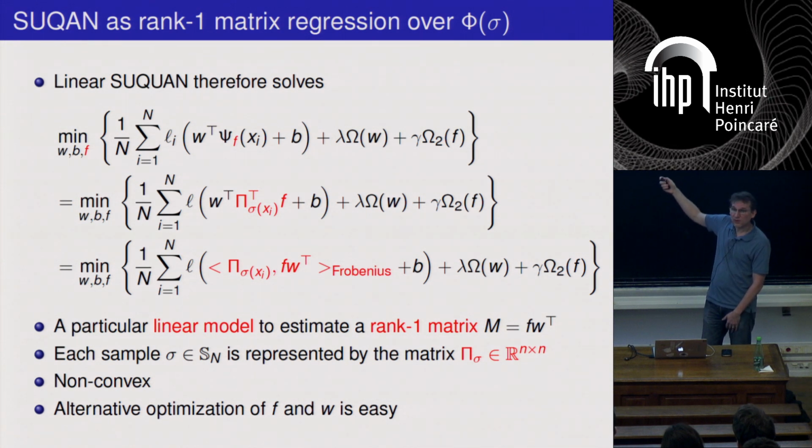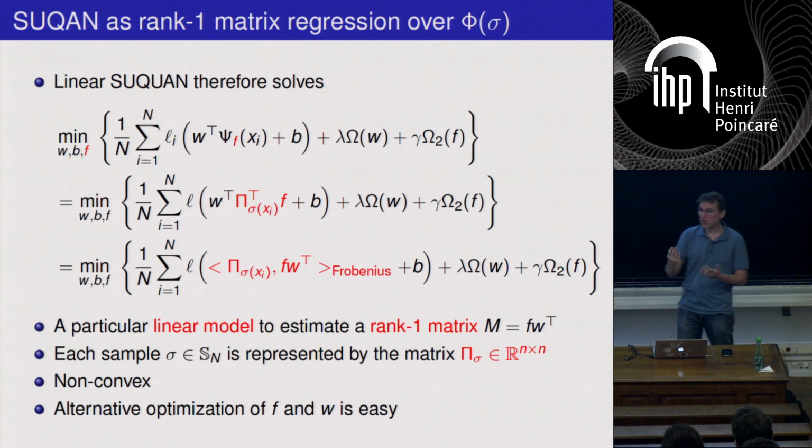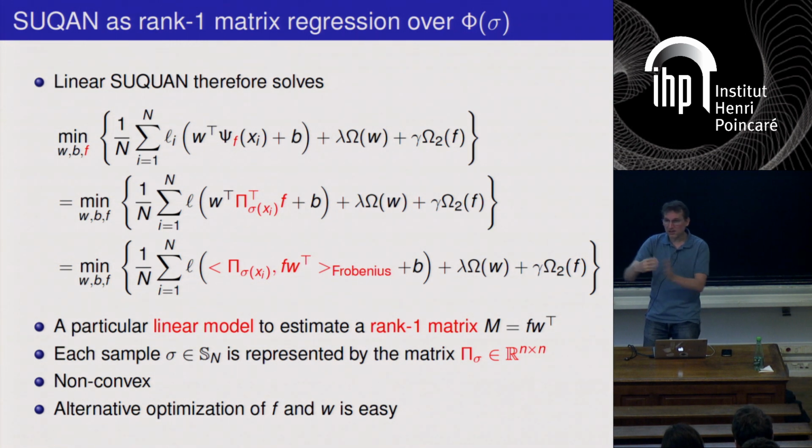And the matrix of weights is a bit special because in this case it's just a rank 1 matrix. So it's not any linear model. Among all linear models defined by matrices, you focus on a subset of them, where you don't need n square parameters, but just 2n parameters. This is your target matrix. And if you optimize this, you get exactly what you do when you do quantile normalization by joint optimization of the quantile and the linear model.